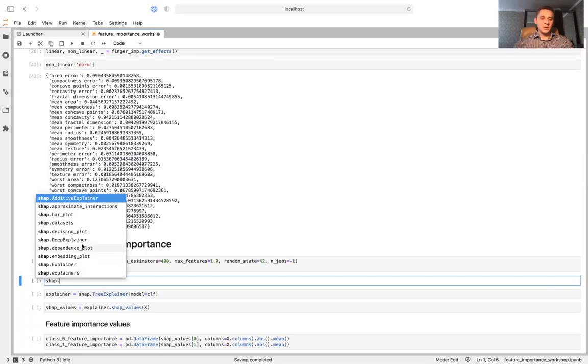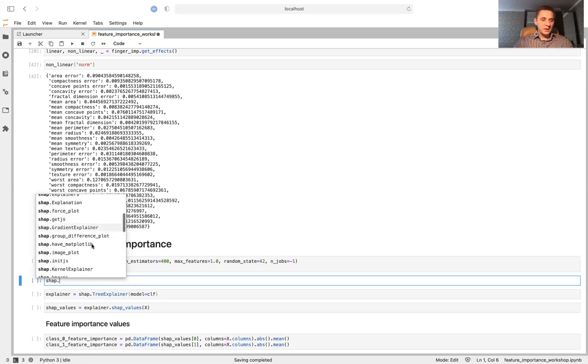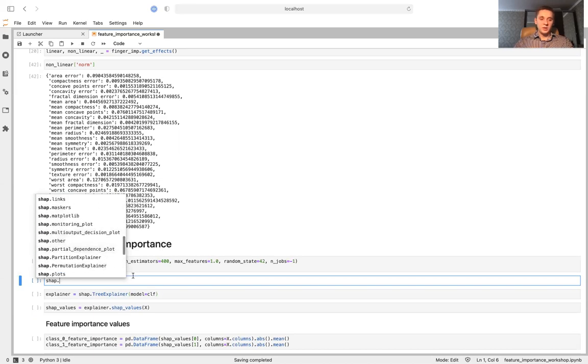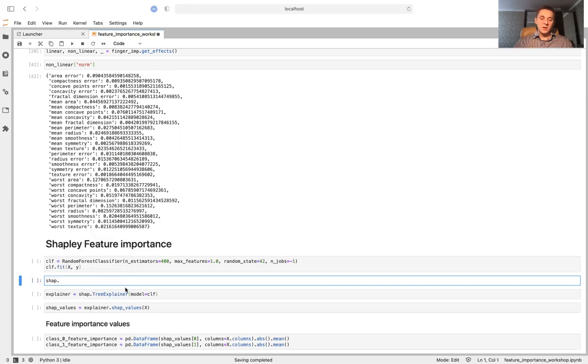But in Shapley feature importance, we also have the additive explainer, deep explainer, gradient explainer, kernel explainer, linear explainer for linear models, partition, permutation, etc. But for tree type models, the Shapley package created a great explainer called tree explainer, which is fast and designed specifically for tree-based models.